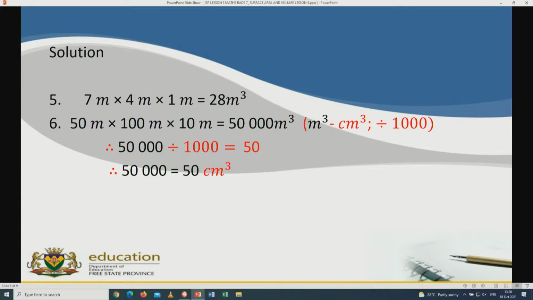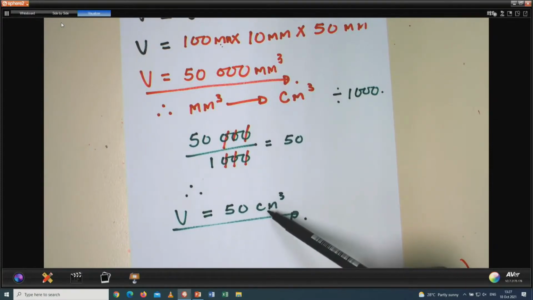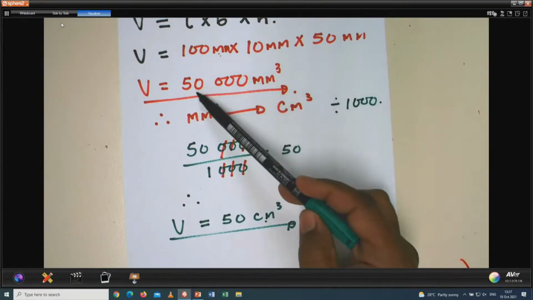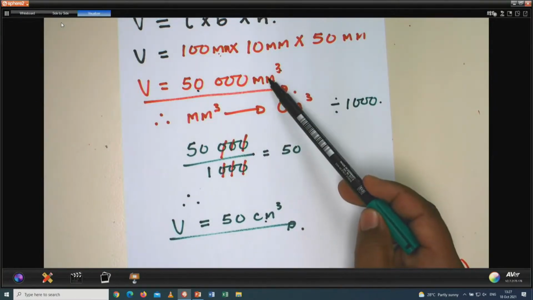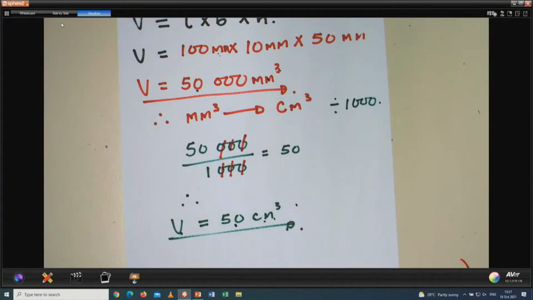Therefore the volume would be equal to 50 cubic centimeters. We have, okay, the answer will be in cubic centimeters. Therefore we can see that the volume that measures 50,000 cubic millimeters is the same as the volume of 50 cubic centimeters. And therefore this is how we will convert between the two.